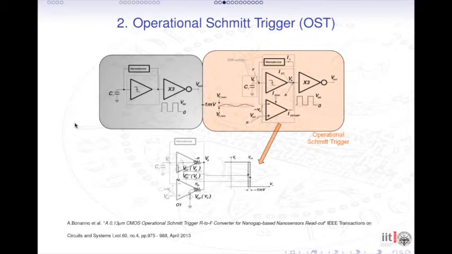This is because a high resistive nanosensor makes the circuit oscillating at low frequency, and so the circuit is affected by the flicker noise. Increasing the oscillation frequency, we can increase the signal-to-noise ratio of our measurement system.